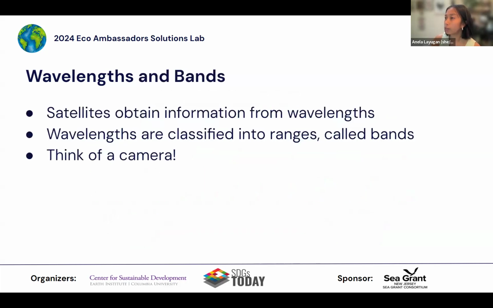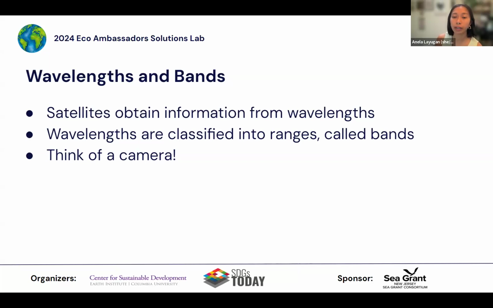For satellite imagery, I think of it like a camera capturing an image of a specific range of wavelengths for that area. The different wavelengths for different satellites are classified into different ranges, and those are called bands.